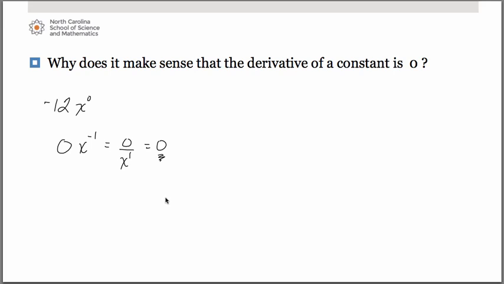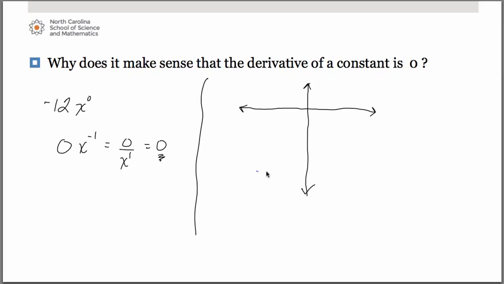Now let's look at it from a geometric point of view. So let me draw a set of axes, and I'm going to think of that negative 12 as an equation, y equals negative 12. So these are my axes. So let me go ahead and graph that if I think of it as y equals negative 12. Well, we know the graph of y equals negative 12 is simply a horizontal line down here at negative 12.